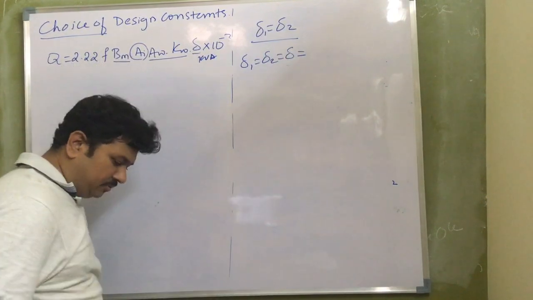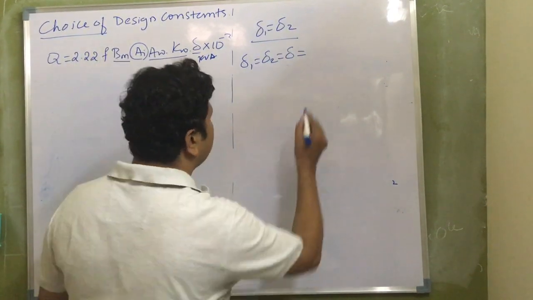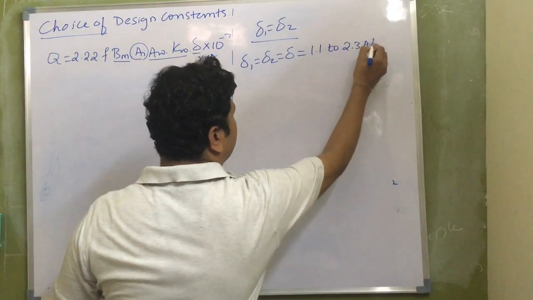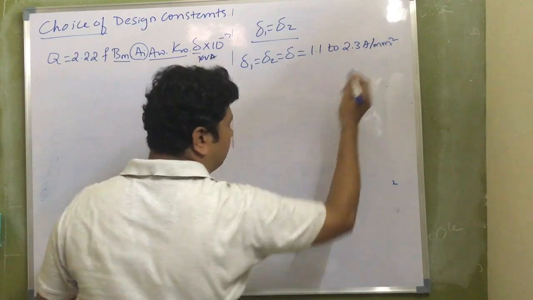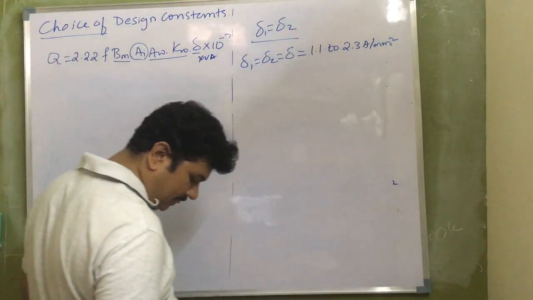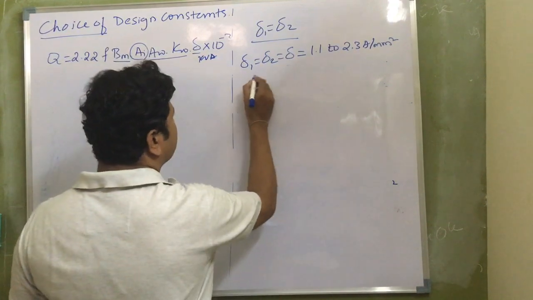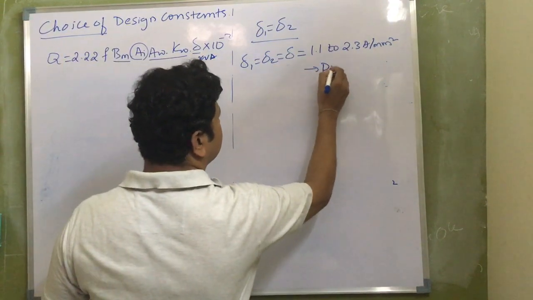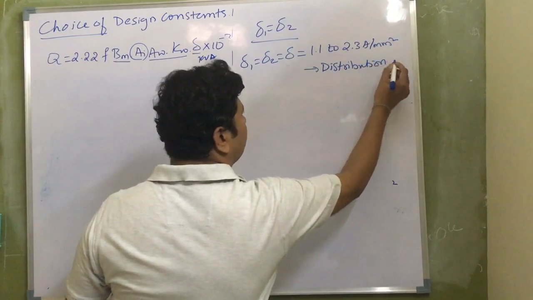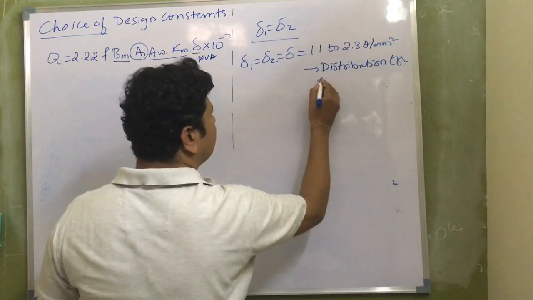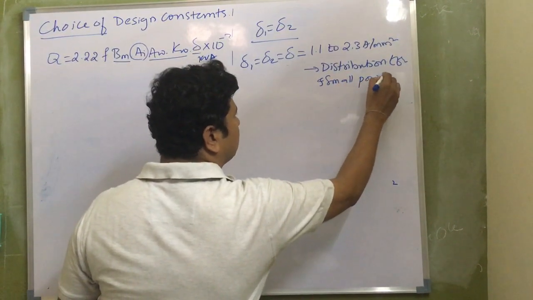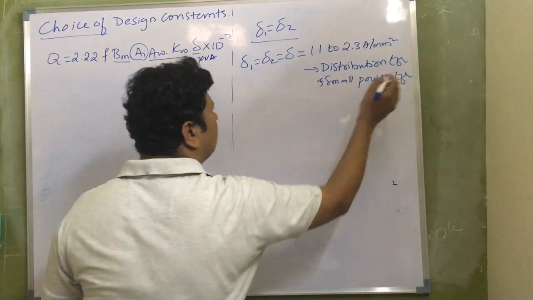This will be equal to 1.1 to 2.3 ampere per mm square for distribution transformers and small power transformers.